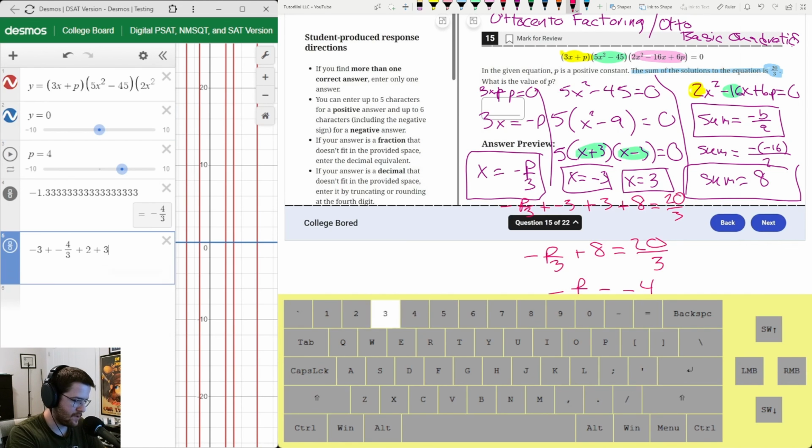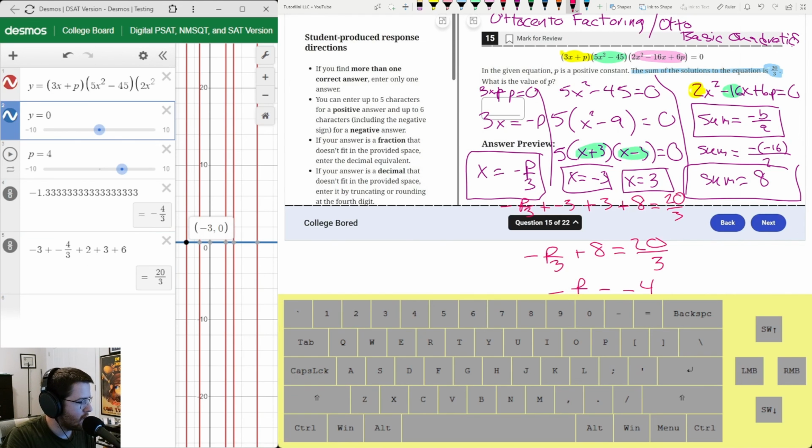Okay, 2 plus 3 plus 6. And you see if we add all those up, we get 20 over 3, which is what the question said we should get. So we did a good job.